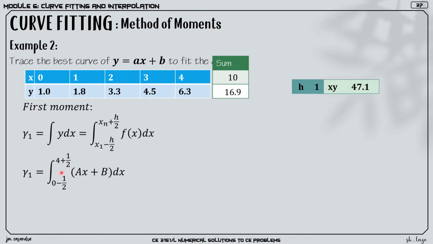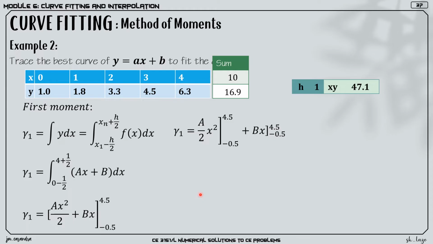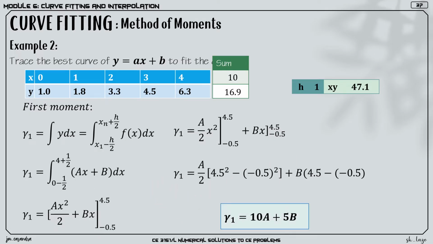Integrating, we have ax squared over 2 plus bx from the limits negative 0.5 to 4.5, or a over 2 x squared from negative 0.5 to 4.5 plus bx from negative 0.5 to 4.5, which gives us a value of gamma sub 1 equal to 10a plus 5b.